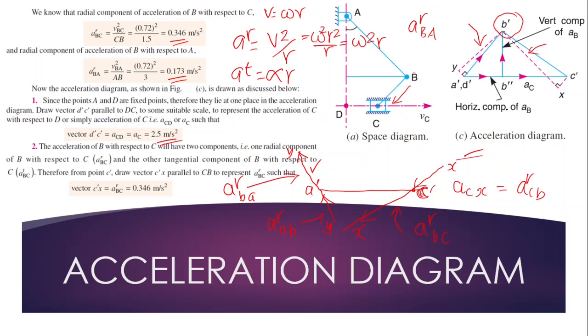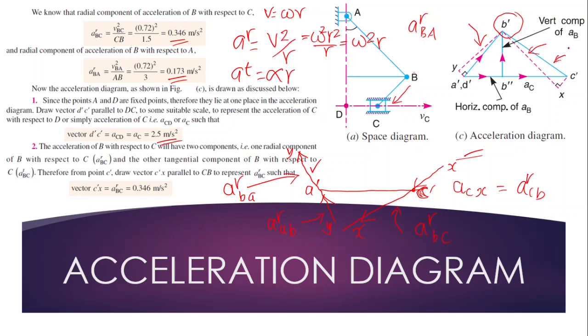Then we can calculate the resultant of this tangential component and radial component, and we can represent that as A dash B dash. Similarly, the resultant of this radial component C dash X and the tangential component X B dash is B dash C dash. This is the resultant of this radial component and tangential component.